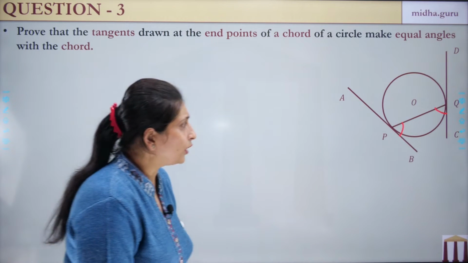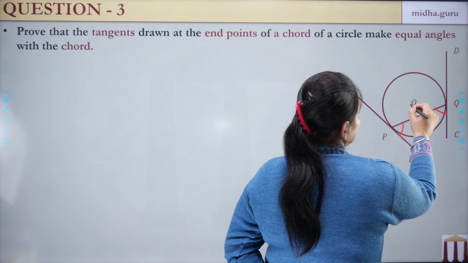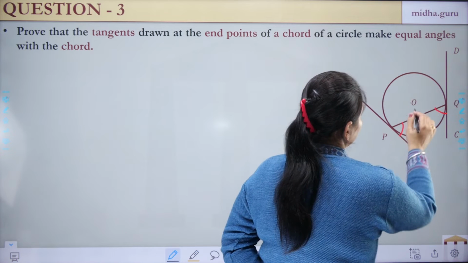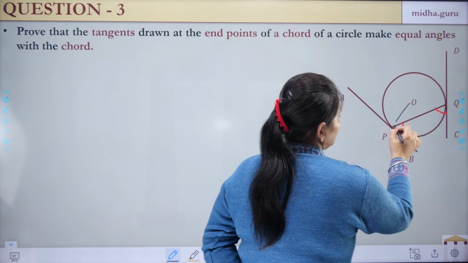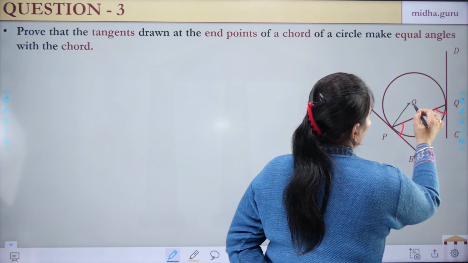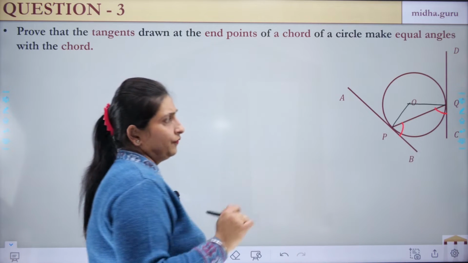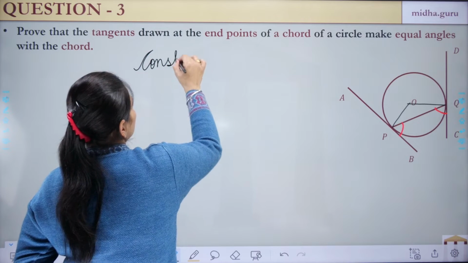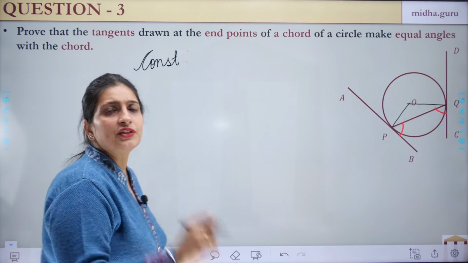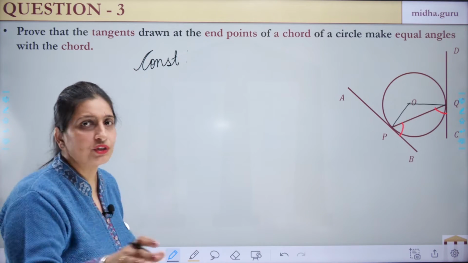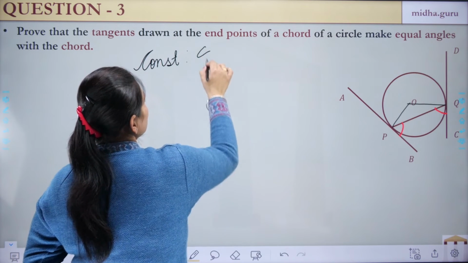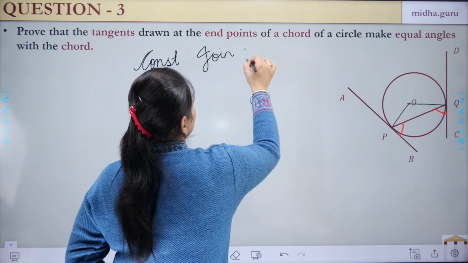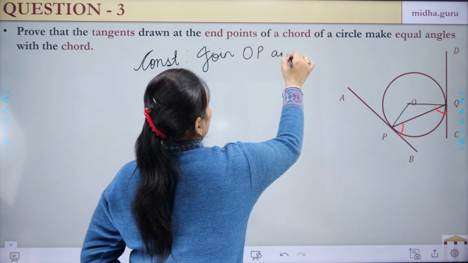This is the center O. The construction which I am going to do is, I'll join OP and OQ. First step is, you can write like that. Just write the construction in each and every question. Just write what construction you have done. So construction is join OP and OQ.